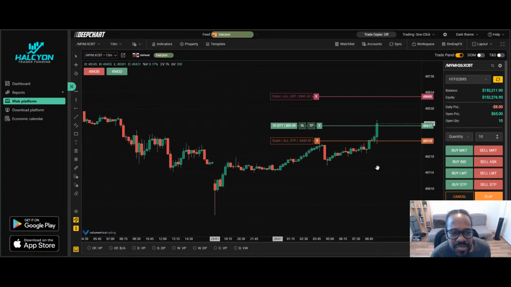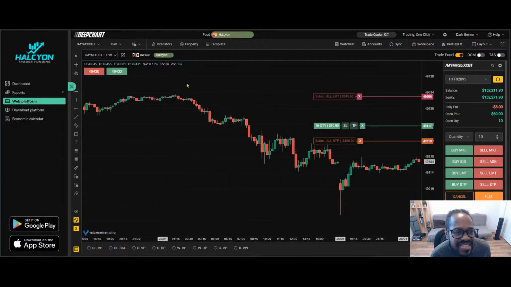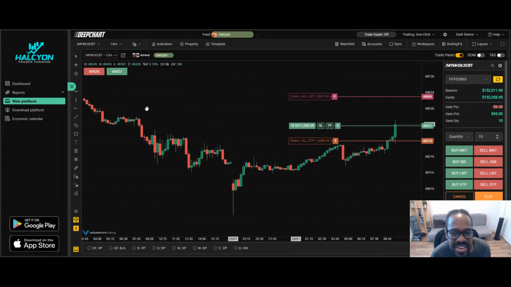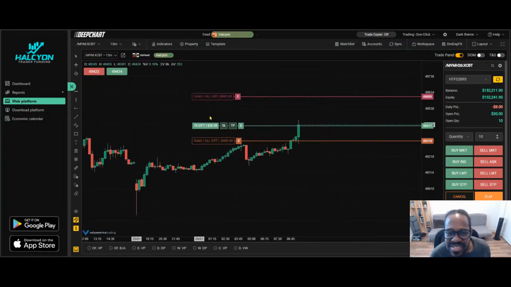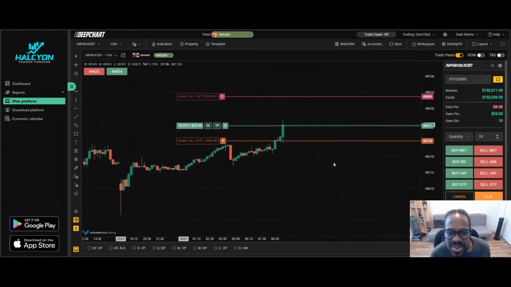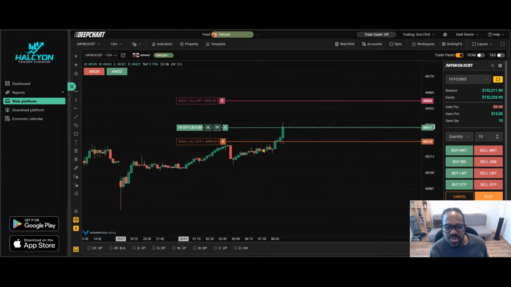So my take profit, I put it at that supply zone right here. So I'm just gonna wait it out to see if I'm able to start to trail it a little bit. My entry originally would be a little bit lower here. I would have been well in profit, but it's all good.